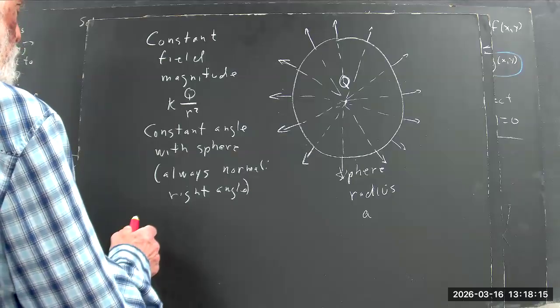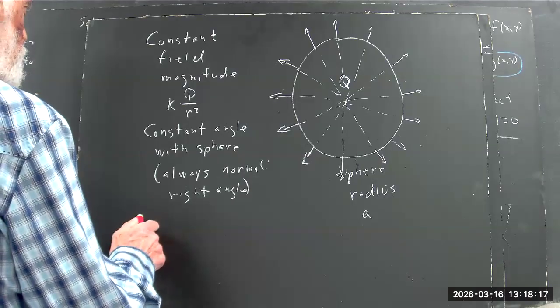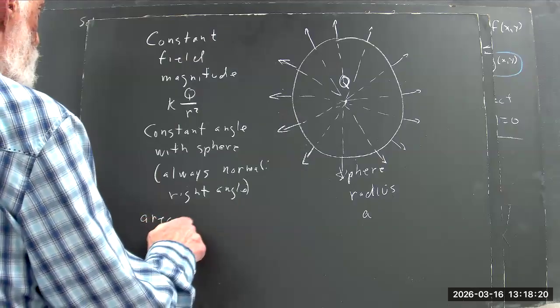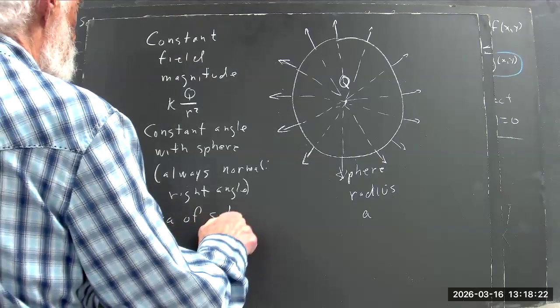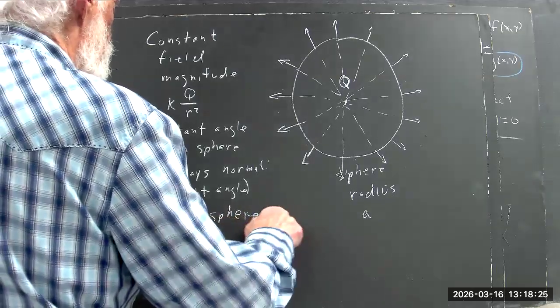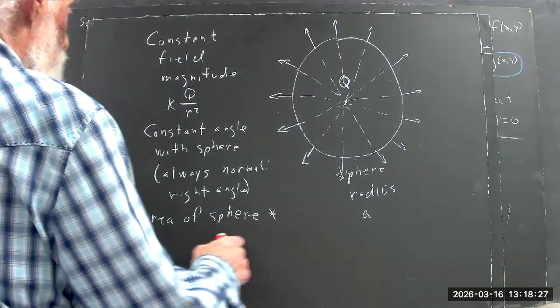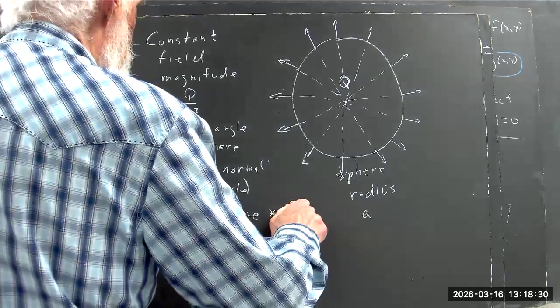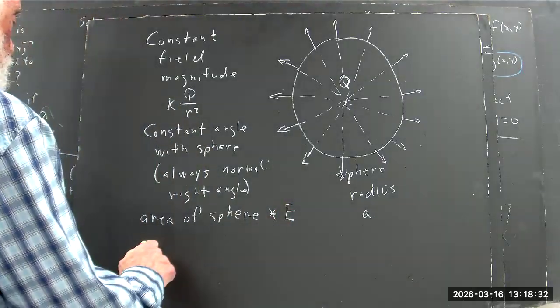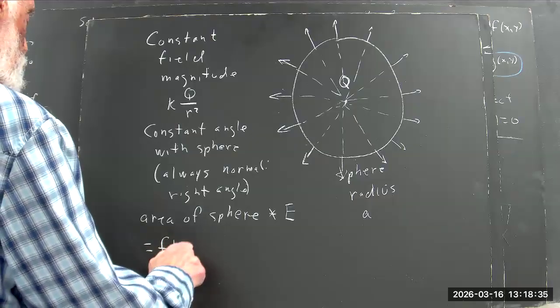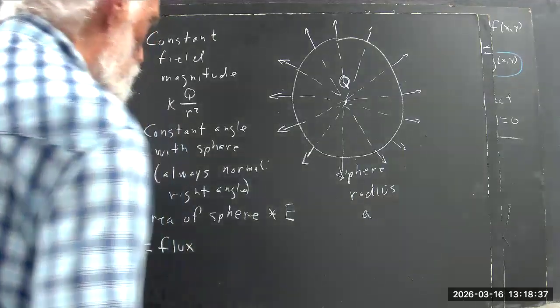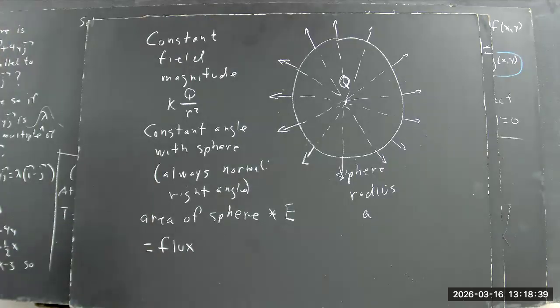So the area of the sphere times the electric field is the electric flux. You also have magnetic flux and other kinds of light flux, okay? Heavy flux, as opposed to light flux. That makes sense?